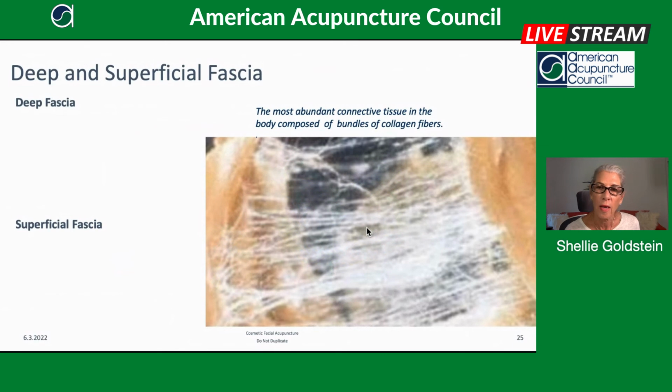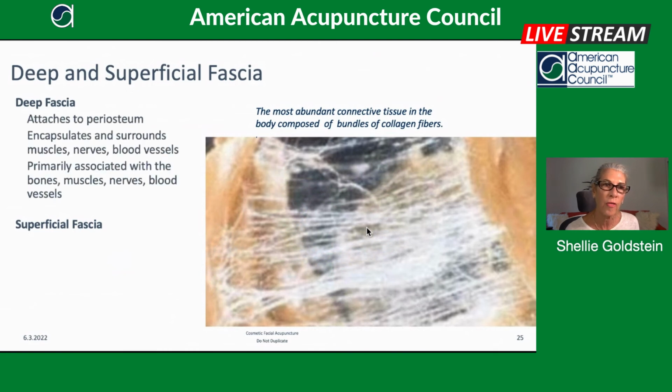Remember that, and then in that connective tissue, so connective tissue is throughout. Fascia is a type of connective tissue, and it is the most abundant form of collagen fibers in the tissue of the skin. There's deep fascia on the face, which attaches to the bone, the lining of the bone, the periosteum, and it encapsulates and protects the muscles and the deeper layers of the tissue.